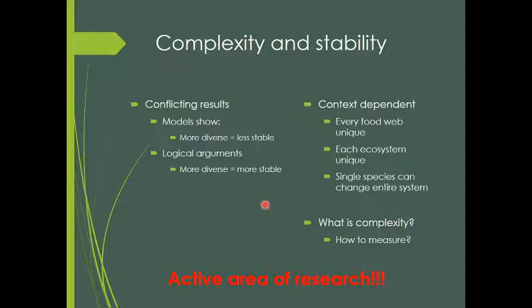This idea of complexity and stability is a really active area of research, with very confusing and different ways to think about all of the issues that make it such an active area of research. And I would say that this is one of the things that we'll see in the next couple decades to really help us learn about how food webs actually work.